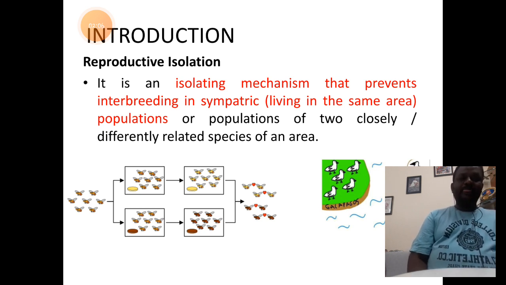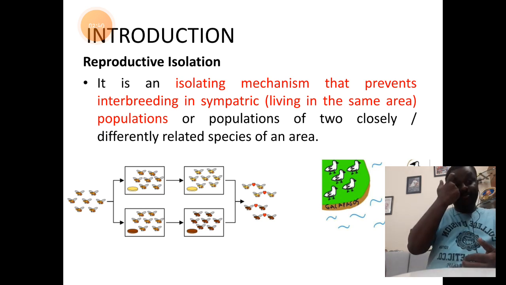Isolation refers to separation or segregation of the original population into smaller groups by certain mechanisms. If it is a physical barrier that acts as the causative factor for the isolation process, we call it geographical isolation. Sometimes the separated groups in the same area fail to interbreed amongst themselves, or they don't show the process of mating.